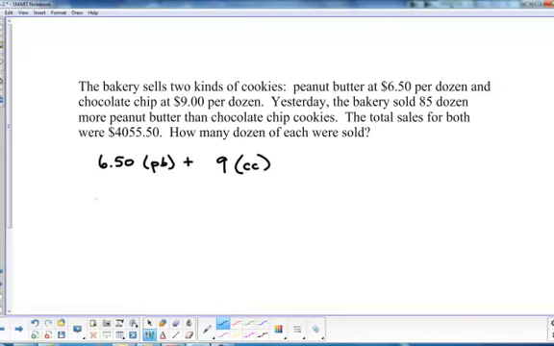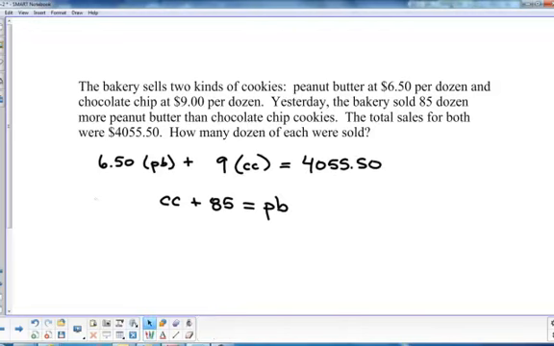So that would mean that the chocolate chip plus the 85 would equal the peanut butter. Or you could do peanut butter minus 85 equaling the chocolate chip. It's the same equation. And the total sales were $4,055.50. So that would be the equal sign for the top equation here.